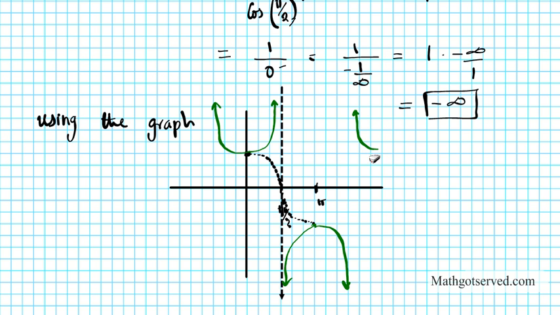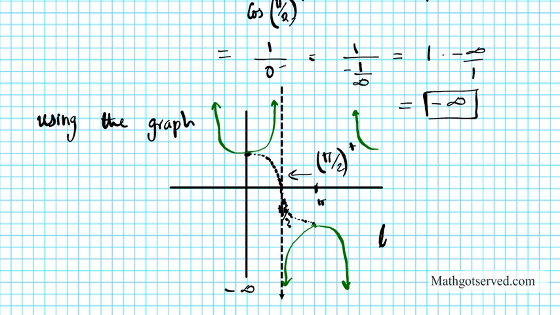Okay? Anyway, what we care about is as it approaches pi over 2. You notice that this function has a discontinuity here. So as you're approaching pi over 2 from the right, what value is the function approaching? It's going down forever, down to where? Down to negative infinity. So this makes it obvious that as you're approaching pi over 2 from the right, the function is going down to negative infinity.